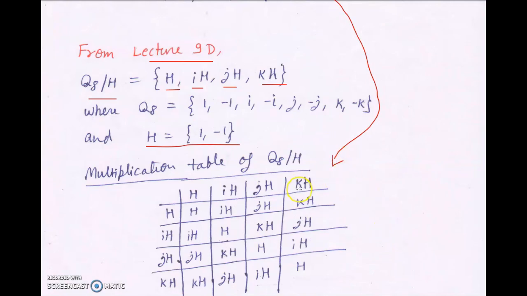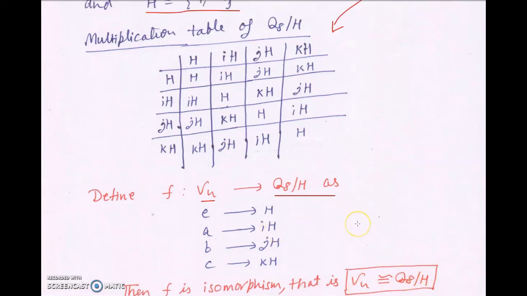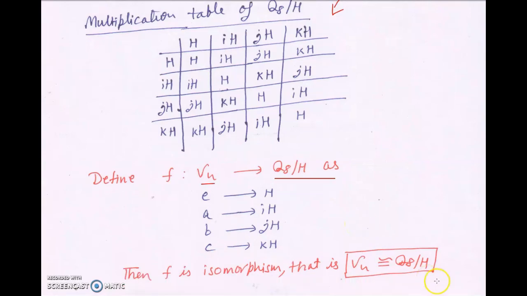So it means this map is actually an isomorphism. So we can say that V4 is isomorphic to Q8 by H. So simply we can say that Q8 by H, that is this quotient group, is nothing but V4. So all the properties of this quotient group will be those of V4.